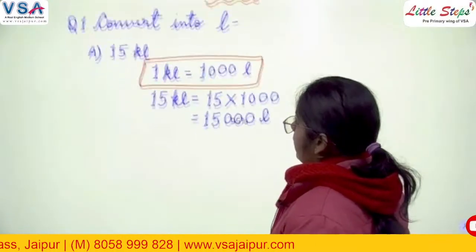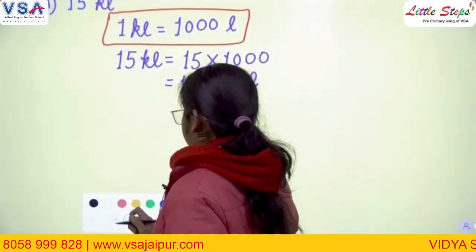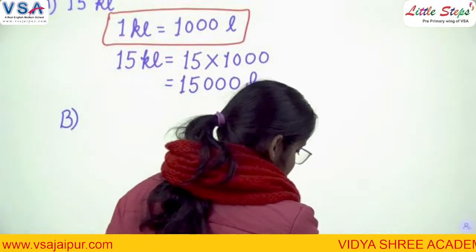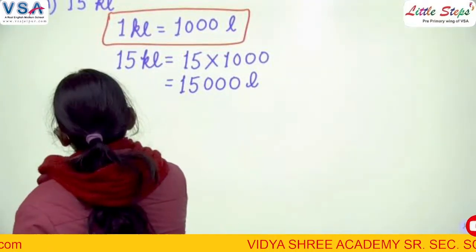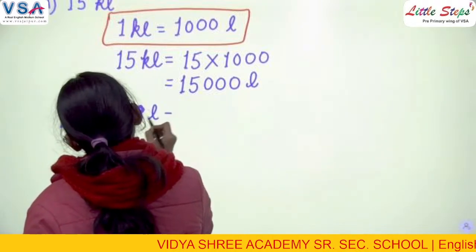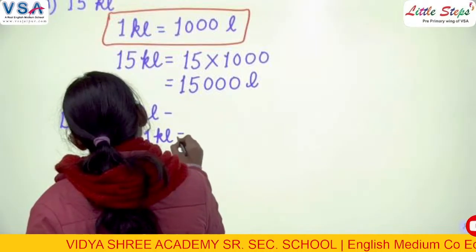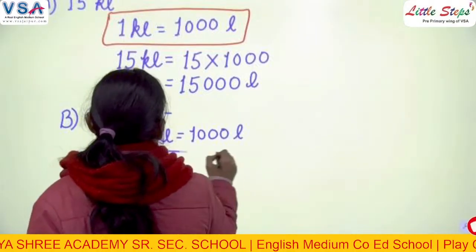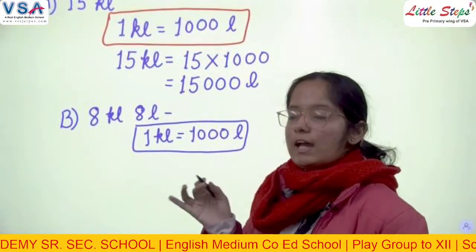B option of our question. B option is 8 kiloliter 8 liters. So 1 kiloliter is equal to 1000 liters. We have 8 kiloliter and we have 8 liters.